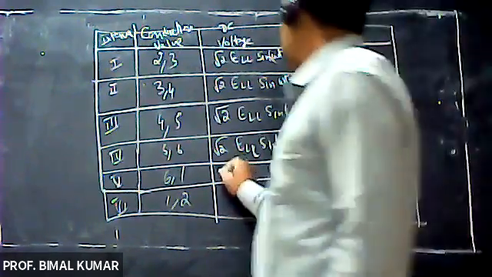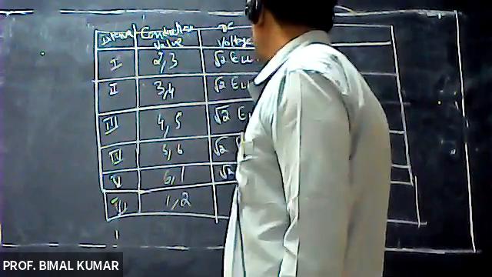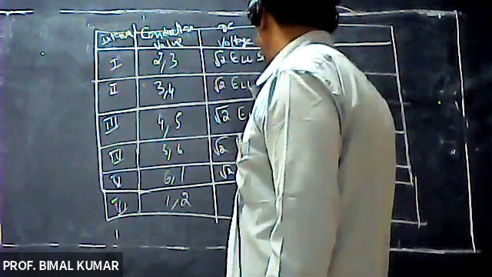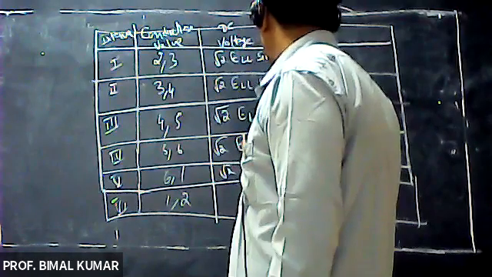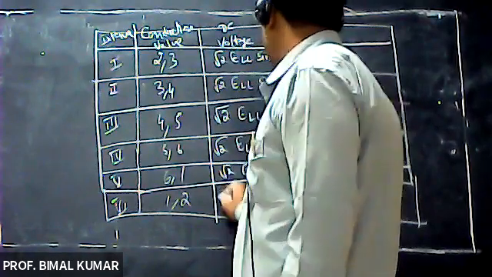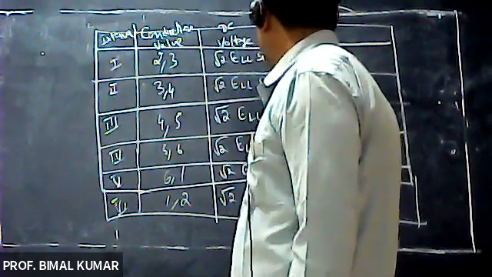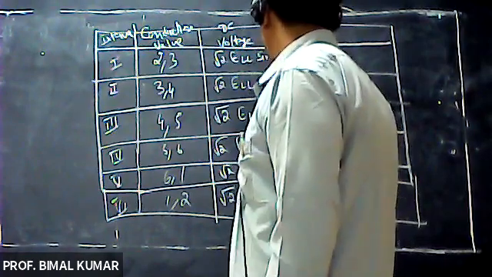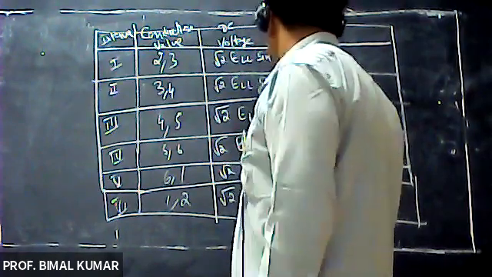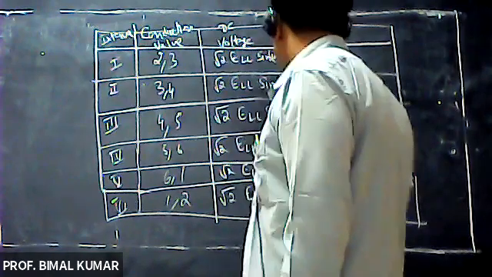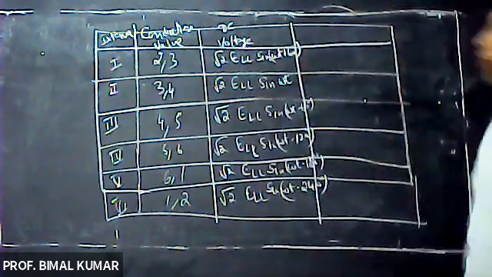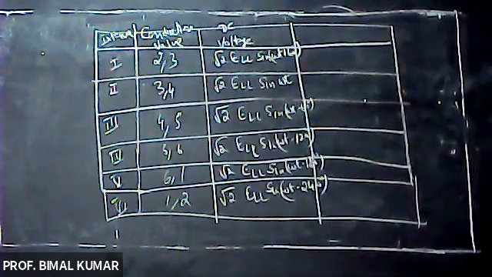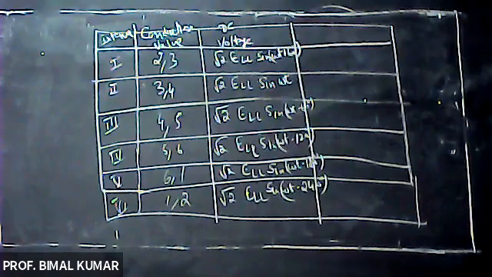So next is root 2 ELL sine omega t minus 180 degree. Then root 2 ELL sine omega t minus 240 degree. So these are the values of the DC voltage which will be applied across this valve combination.